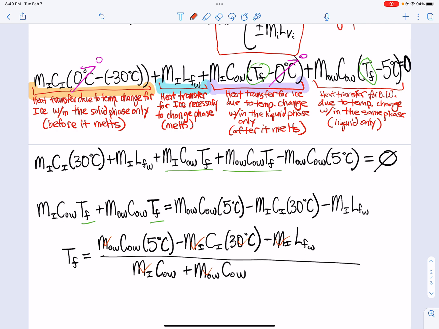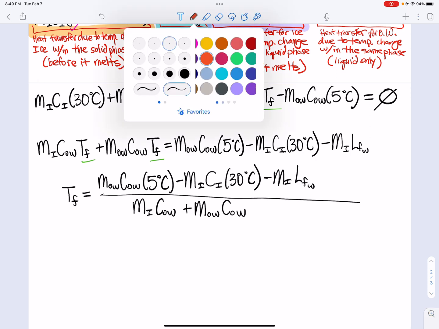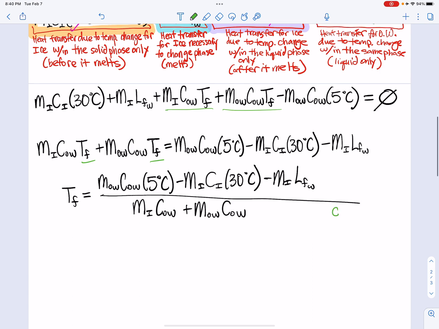And I found that on Google. The values for those, according to Google, again, on a test, this is likely going to be given to you. The specific heat of the ice caps value is 2,100 joules per kilogram times Kelvin.